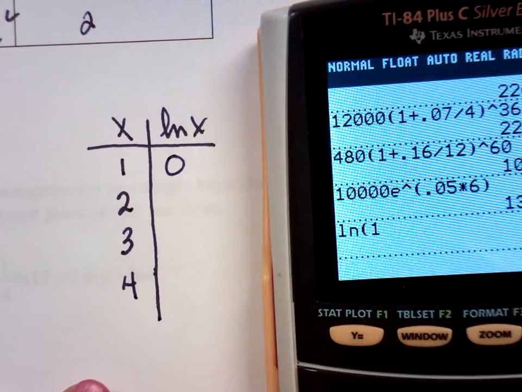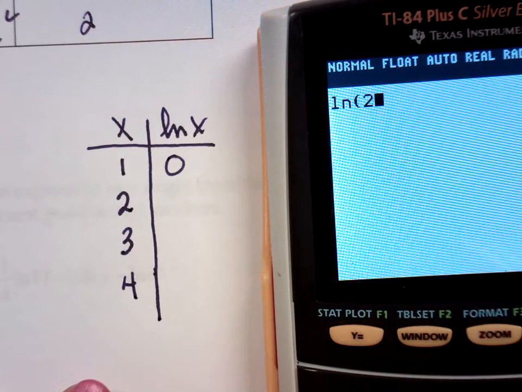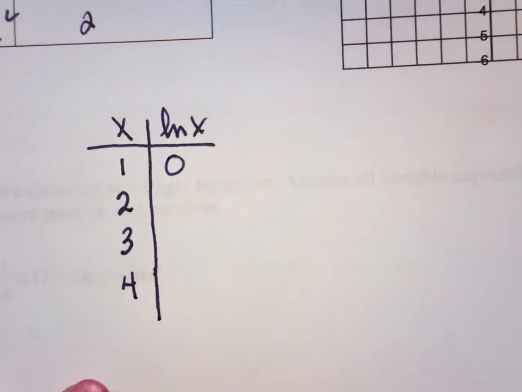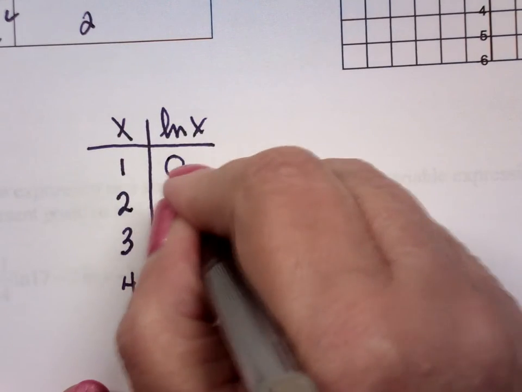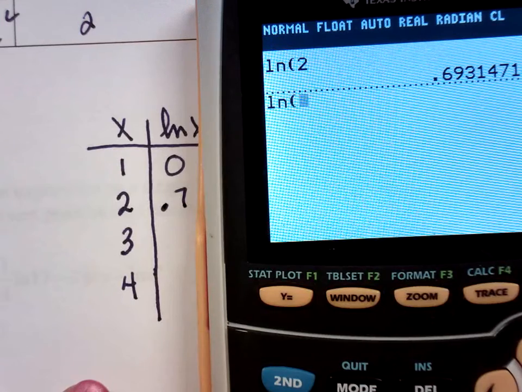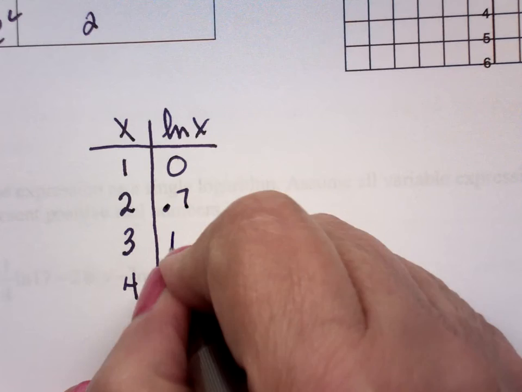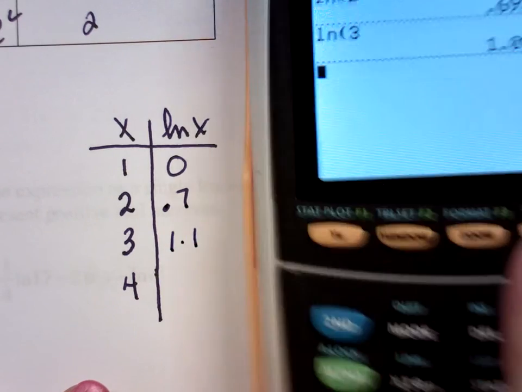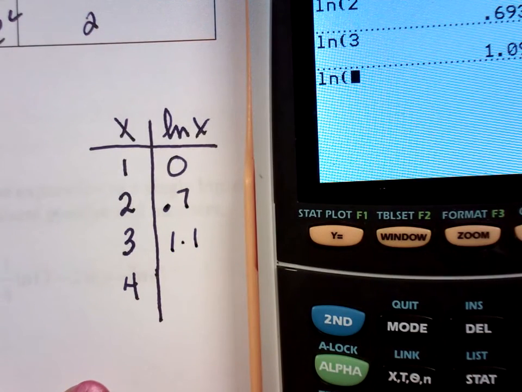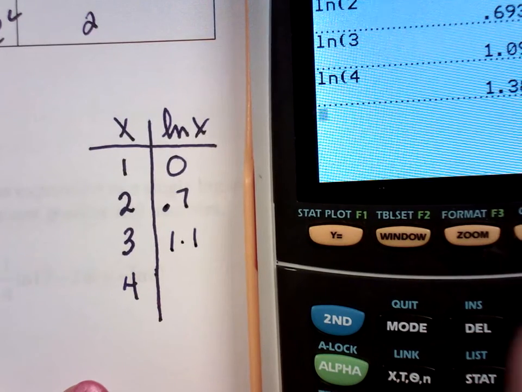Natural log of 2 is 0.7. Natural log of 3 is 1.1. Natural log of 4 is 1.4.